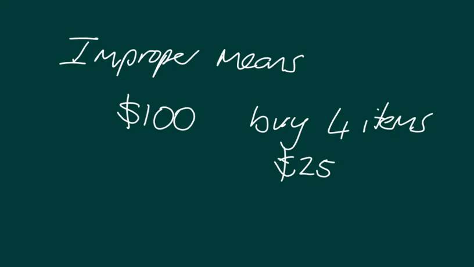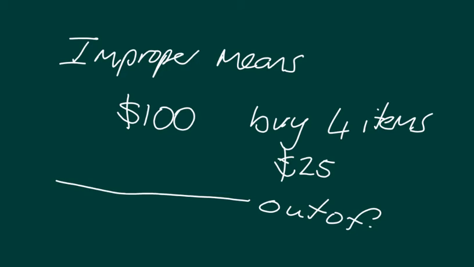No, as a fraction, as a number. So I want you to write what the number would look like. Remember that line on your fraction line means out of. Number is 100? Yep, we've got $100. Out of 25. And how many items is she going to buy? 4. 4 items.